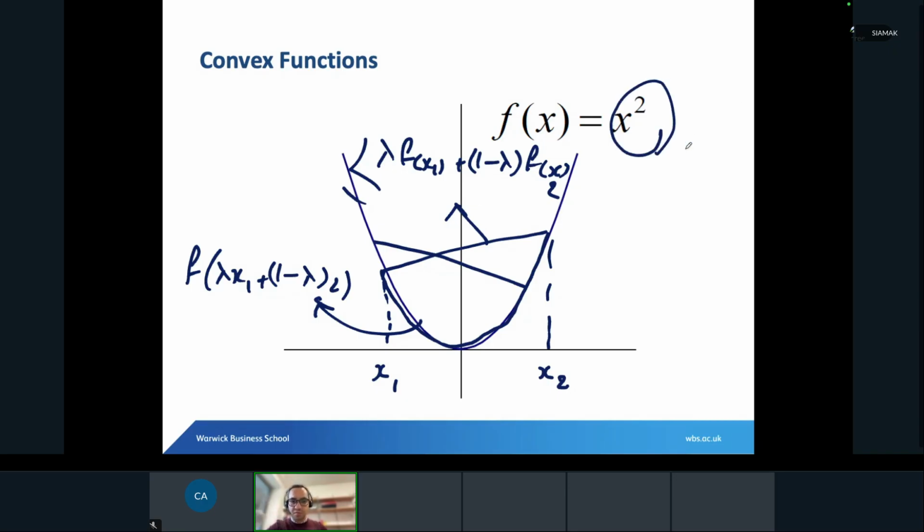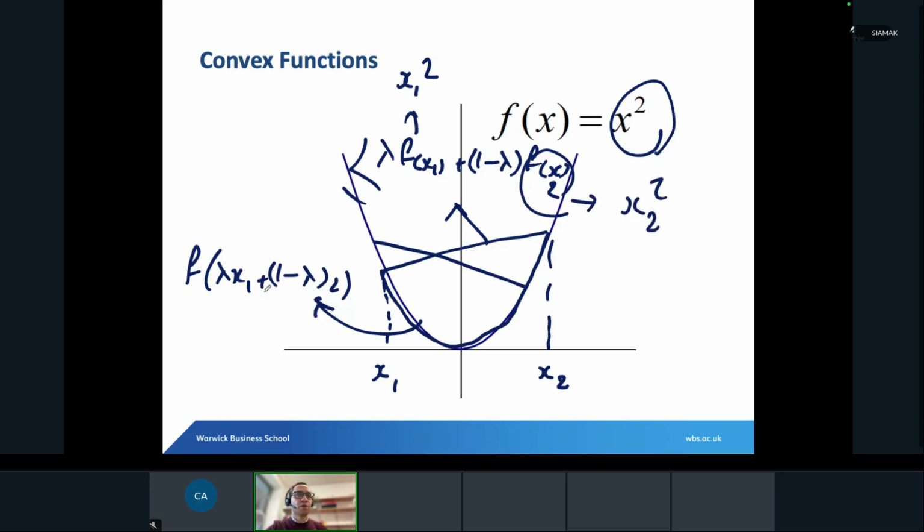x squared here. We will do it in the workshop so that you will see mathematically how it looks. If you plug x squared into this one, this becomes x1 squared, and this one becomes x2 squared.